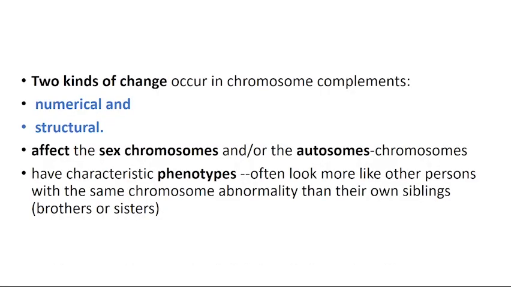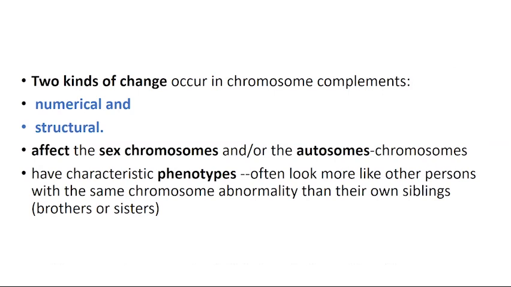Two kinds of changes occur in the chromosomal complement, numerical or structural. Whether of sex chromosomes or autosomes, the phenotype may look like other persons with the same chromosomal abnormality. That is, there are certain faces which are said to appear. If you see a Down syndrome child with the broad nose, slit-like eyes, all these features are typical for a Down syndrome baby.